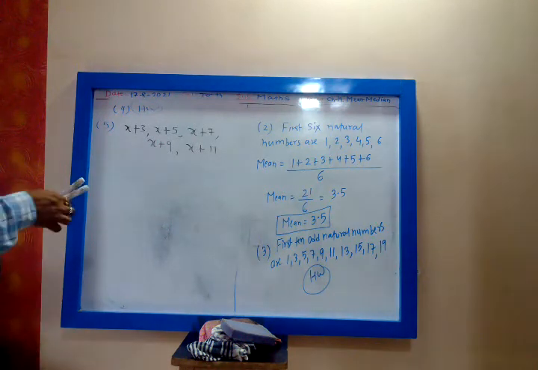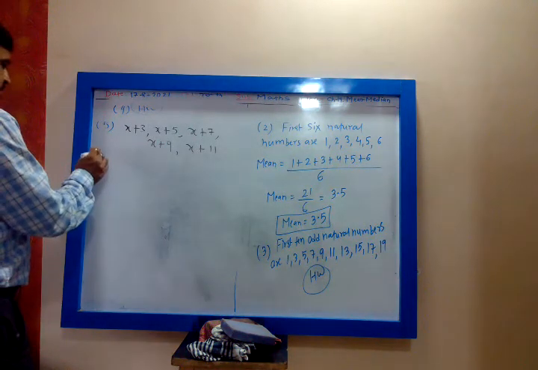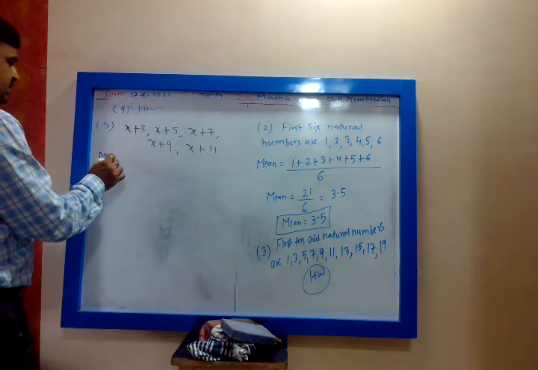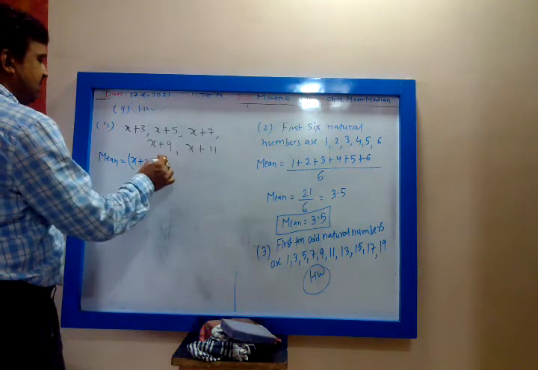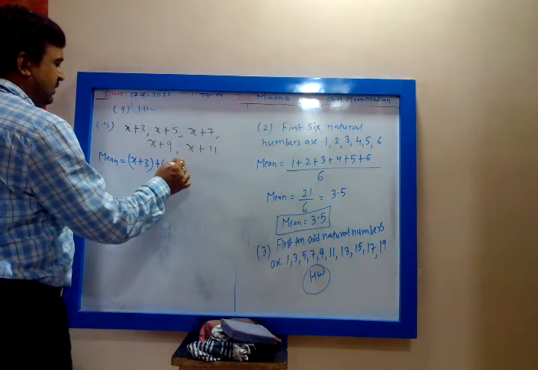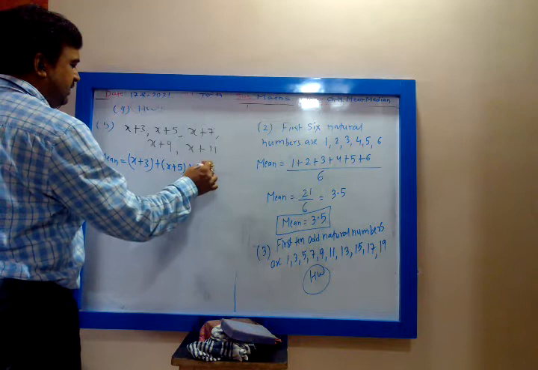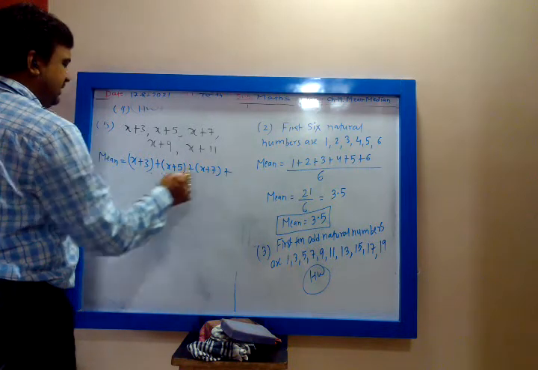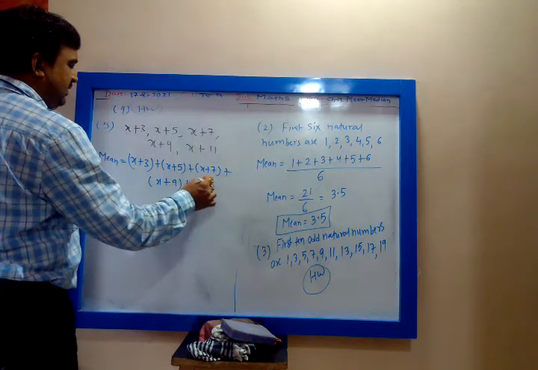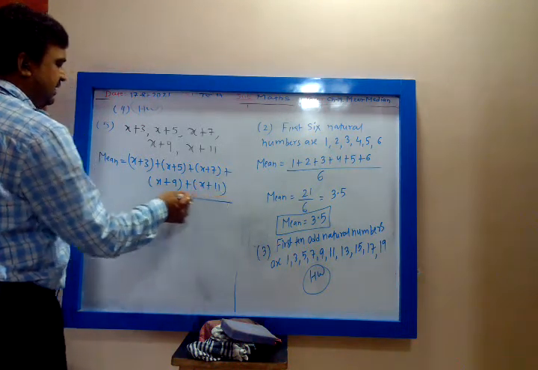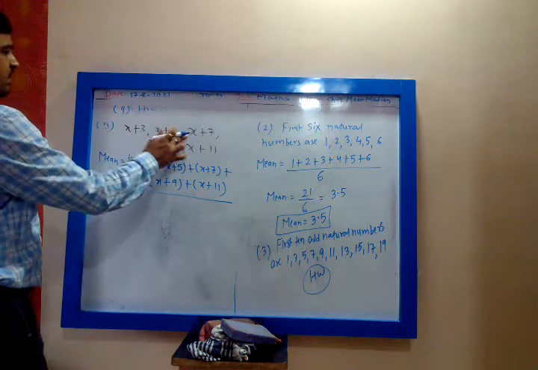So we write the mean value is x plus 3 plus x plus 5 plus x plus 7 plus x plus 9 plus x plus 11. Now how many values are given? 1, 2, 3, 4, 5.